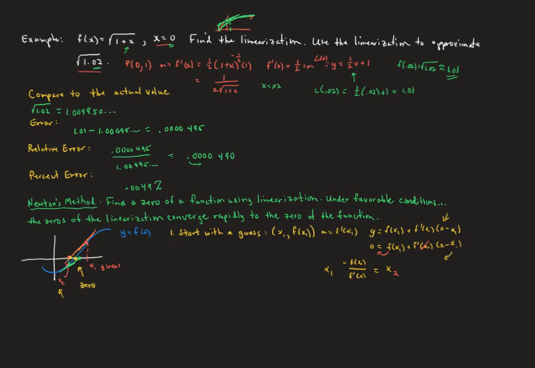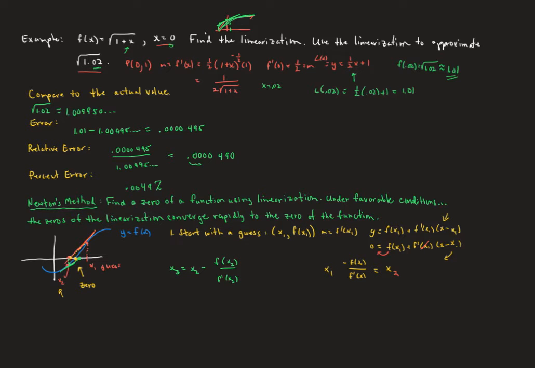And so what we'll do after that is our x3, this is just going to repeat itself, is going to be x sub 2, just bumping up one, minus f of x sub 2 over f prime of x sub 2.